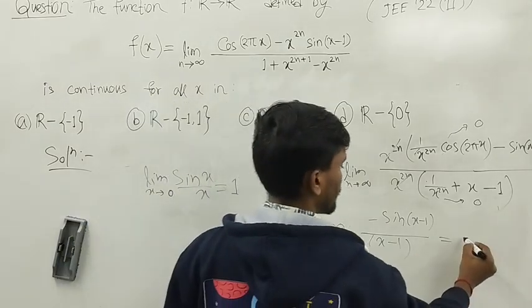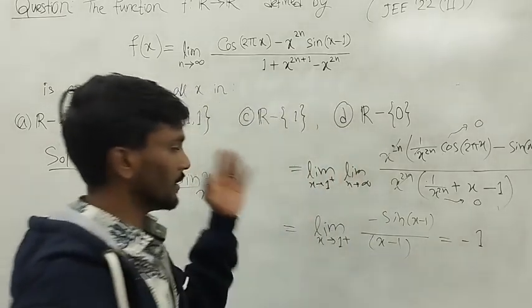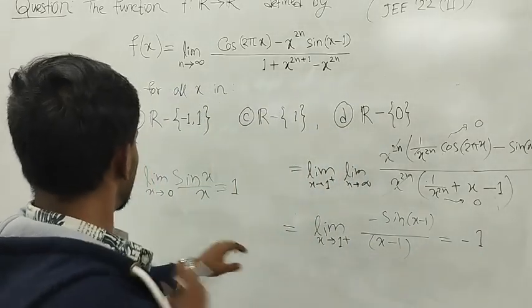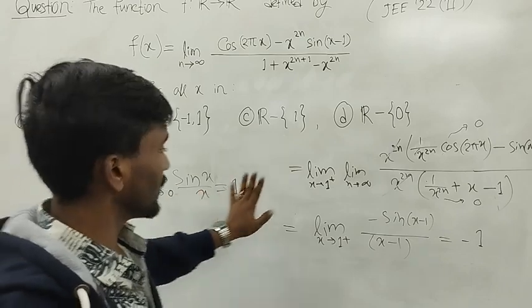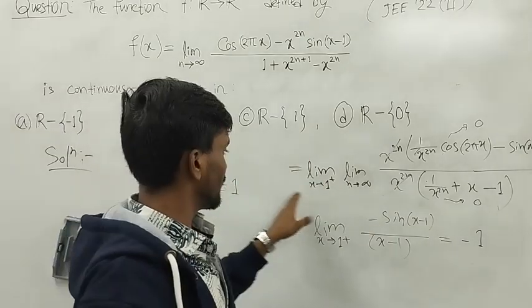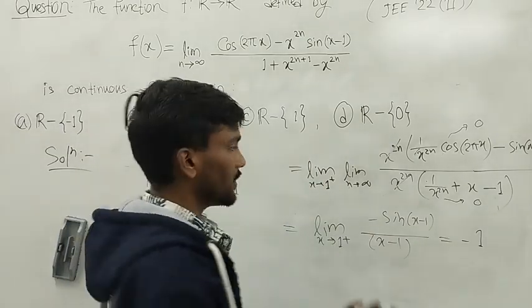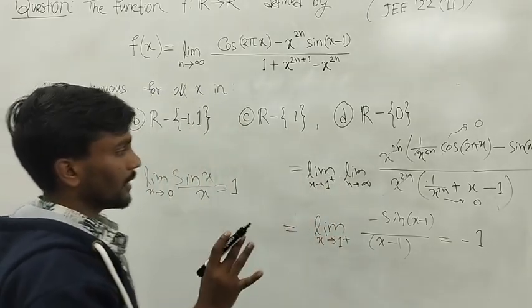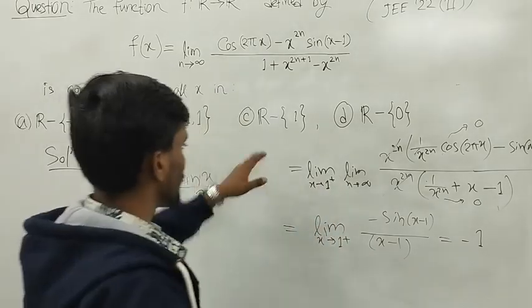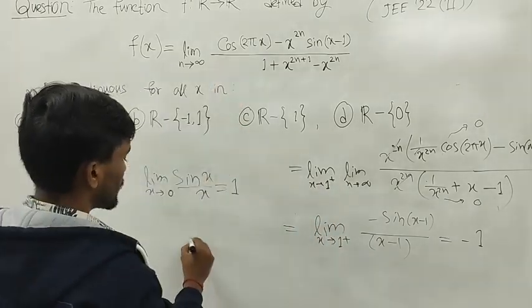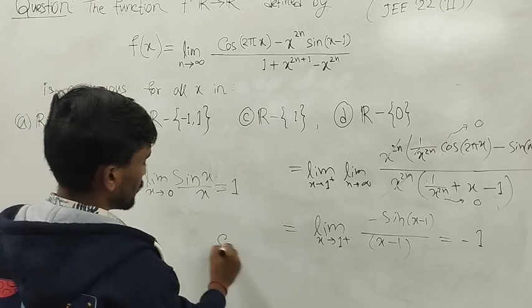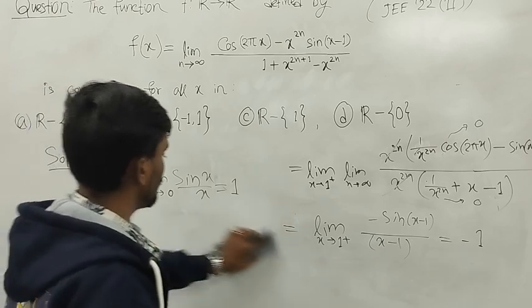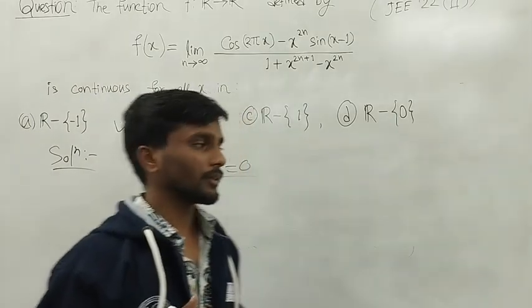So this will become minus 1. In the previous we saw that the left hand limit was 1, but here the right hand limit is minus 1. That means the limit doesn't exist for this function at c is equal to 1. In the same way we can prove the others.